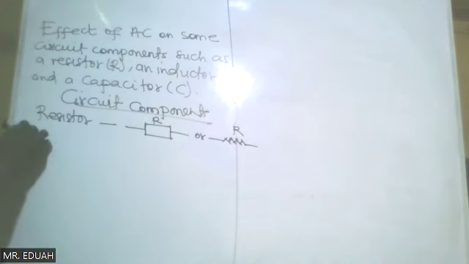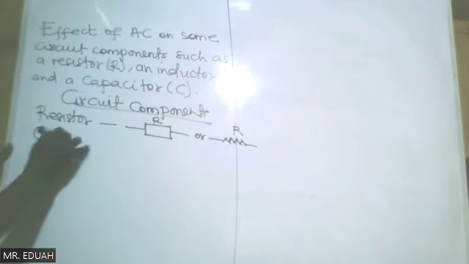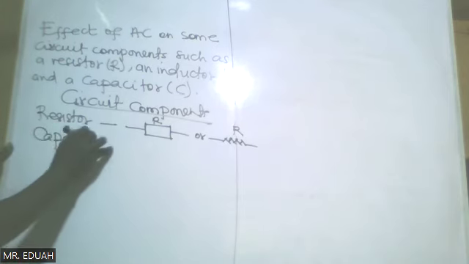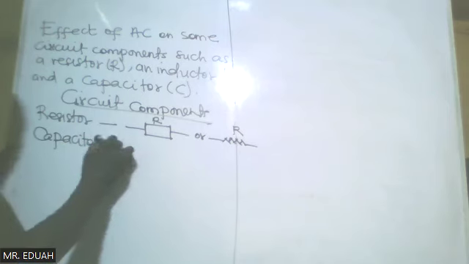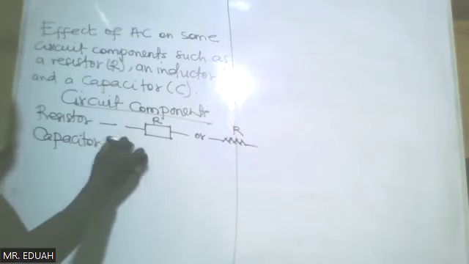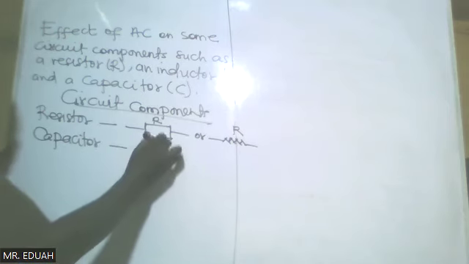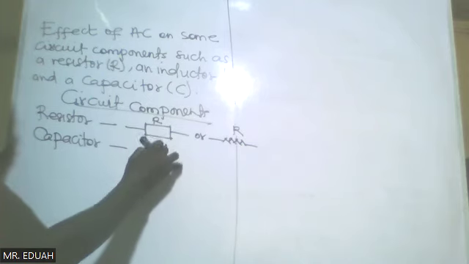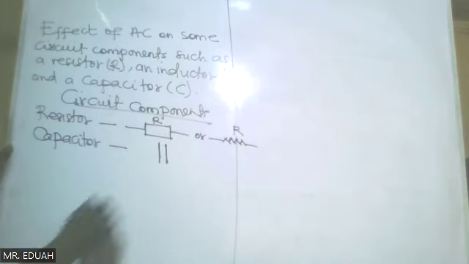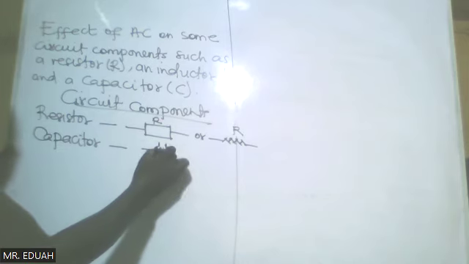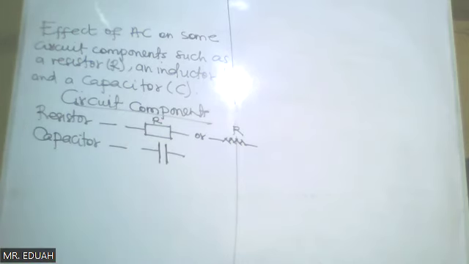A capacitor is also represented as equal parallel lines. So in a circuit, this is how a capacitor is denoted.